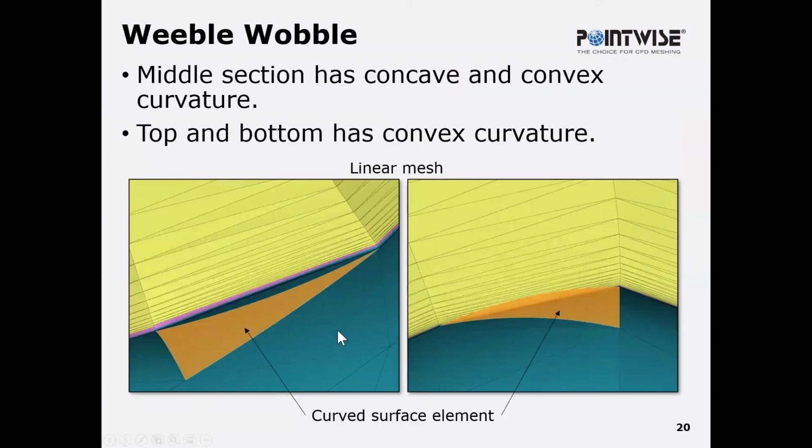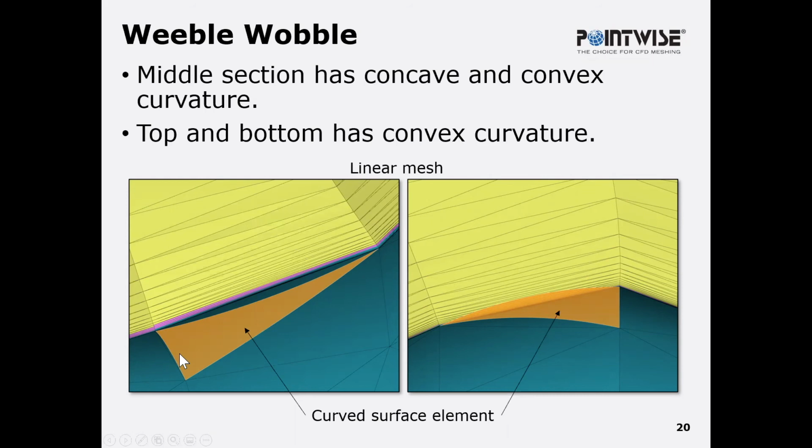I mentioned this is a go-to test case because the middle section has concave and convex curvature. The top and bottom is just convex curvature. This is the tet-only mesh where you've got a triangle surface mesh, and the layers are left as anisotropic tetrahedra.